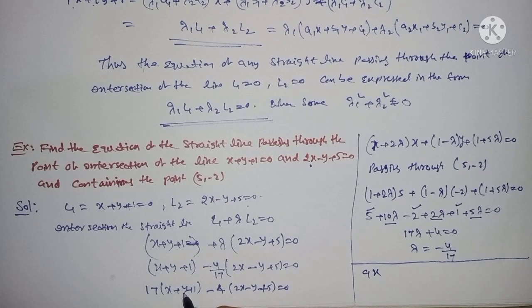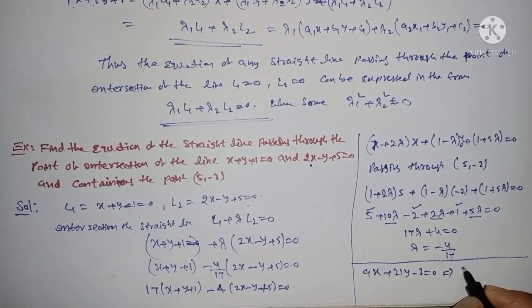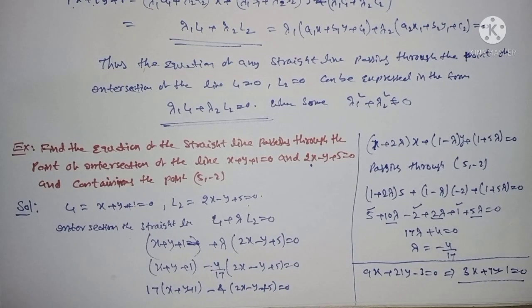And 17y plus 4y, that is 21y, plus 17 minus 20 is minus 3, or you can write it, this is 3x plus 7y minus 1 is equal to 0. This is the equation of the straight line passing through the point and intersecting there. Okay, this is the method of finding the equation.